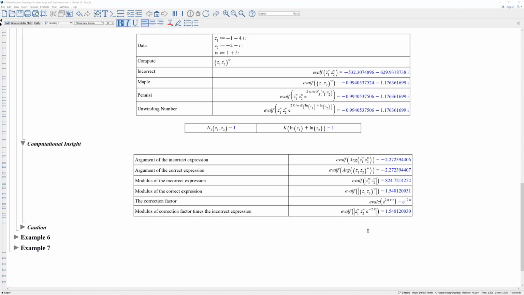So here is the incorrect distribution of the exponent to the factors, but we have compensated by e to the minus 2 pi. And now we look at the modulus, and the modulus here matches the modulus here.